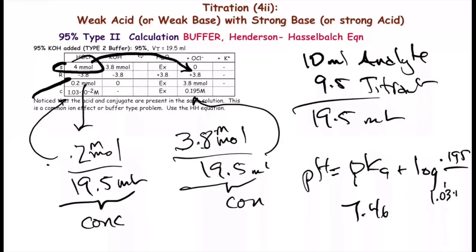We calculate that term, we add it to 7.46, and we've got the pH of our solution. Again, it's a buffer. You've got common ions in your solution. That's what a buffer is. So let's take a look at that math.